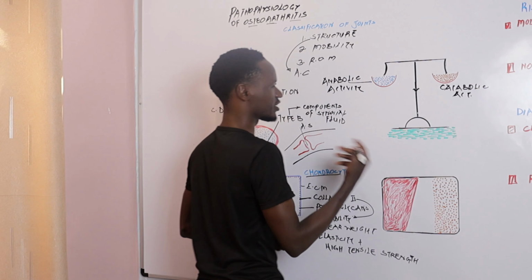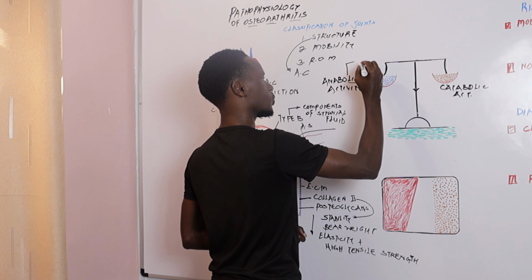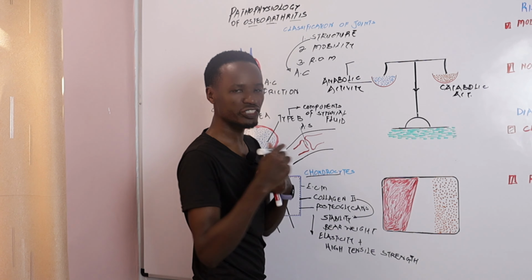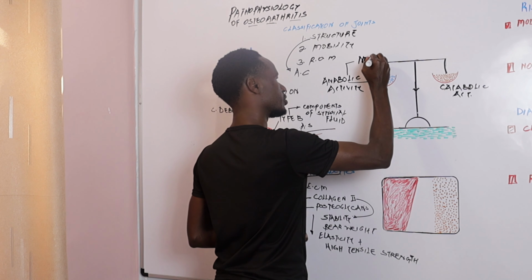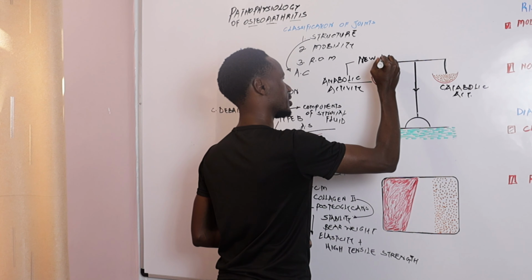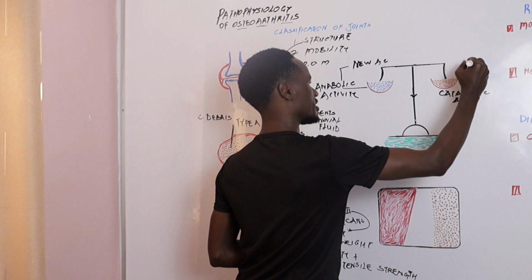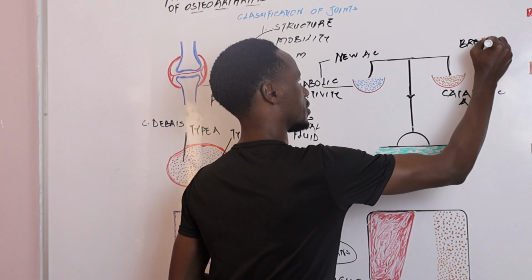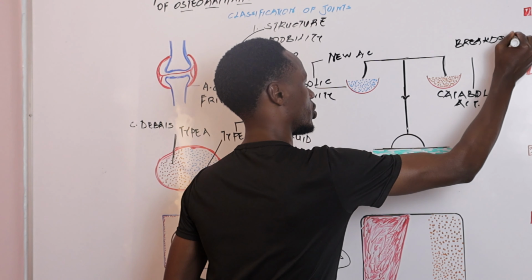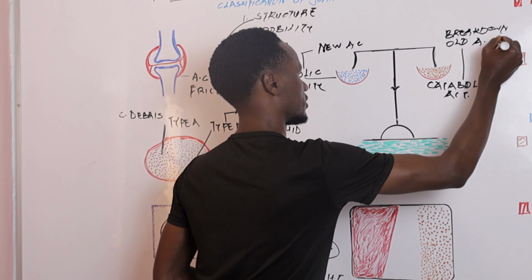What these two activities involve: for anabolic activity, it ensures that there is formation of new articular cartilage. But for catabolic activities, it means that there is breakdown of old articular cartilage.